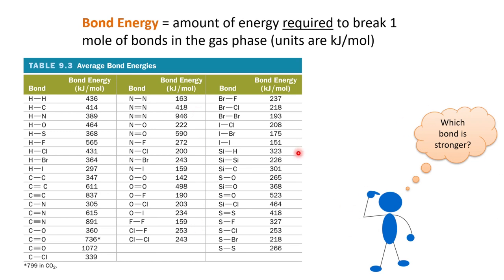What that means is that to break apart, for example, molecular nitrogen, N2, requires an input of 946 kilojoules per mole. So this triple-bonded nitrogen molecule is very stable.